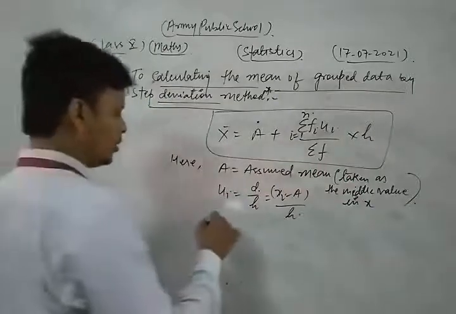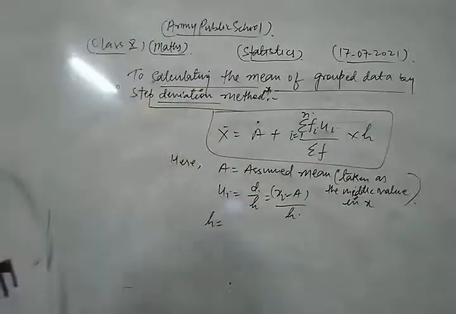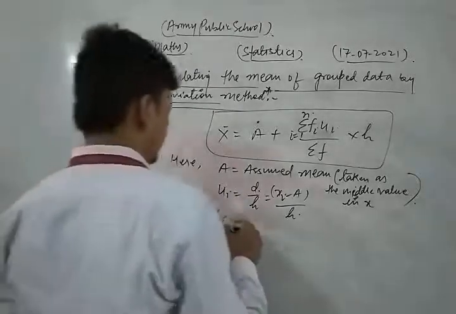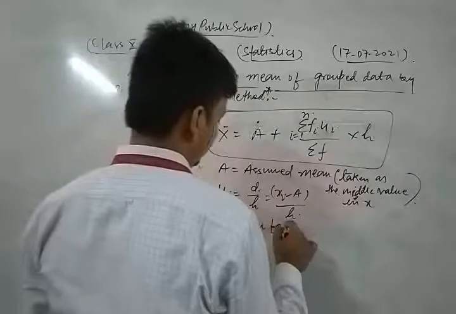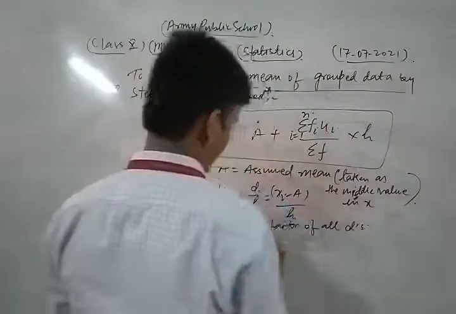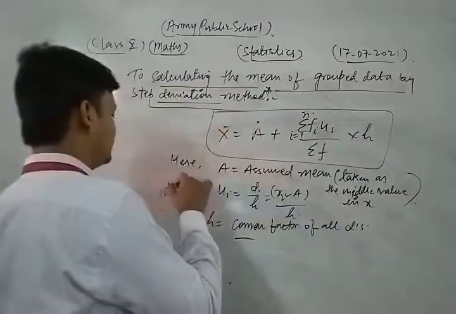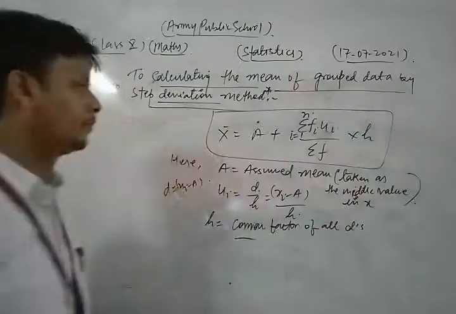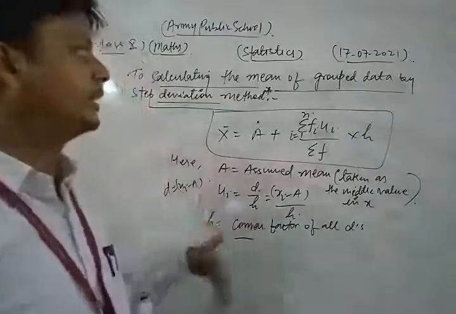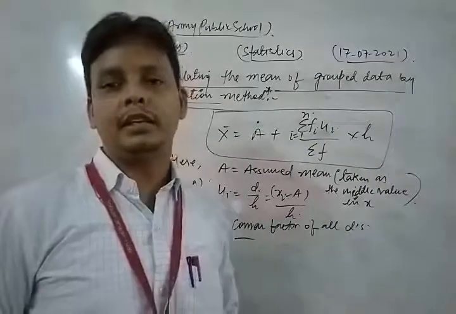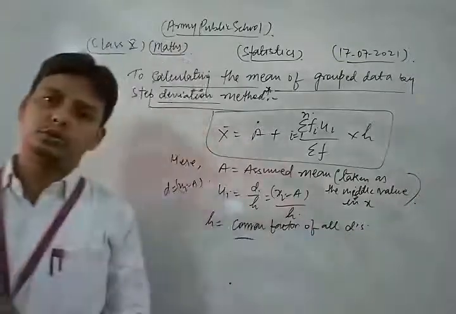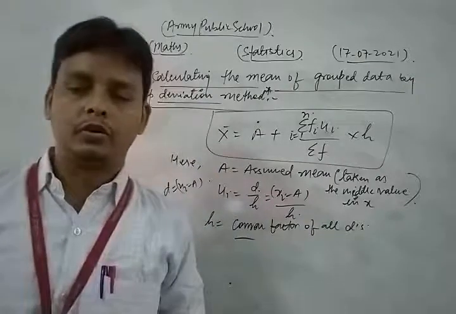And here h is the common factor of all d's, and d is calculated with the help of the formula each xi minus a. So this is the formula for finding the mean of grouped data by using the step deviation method. This is one of the most important formulas of your syllabus.